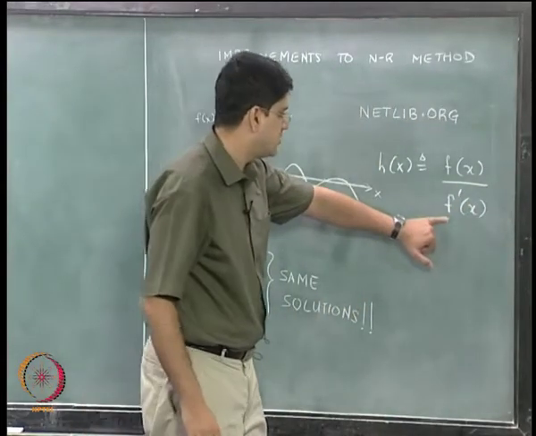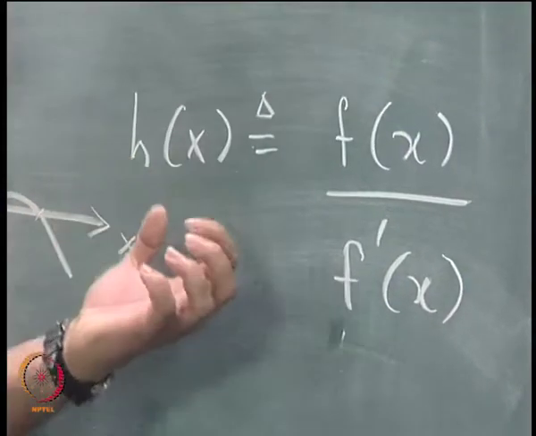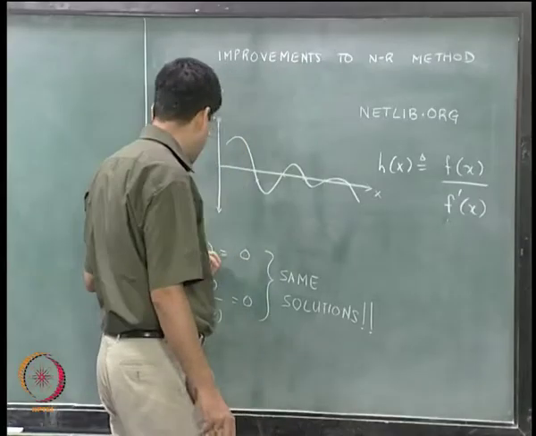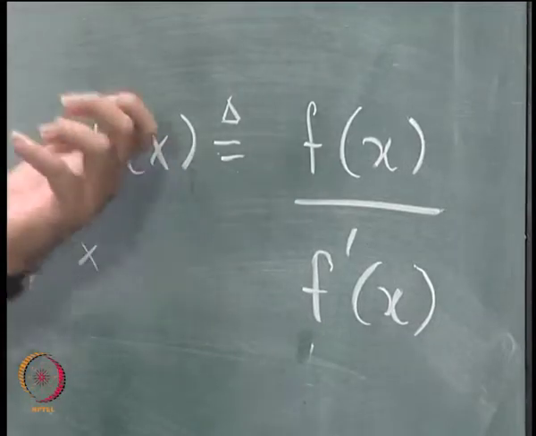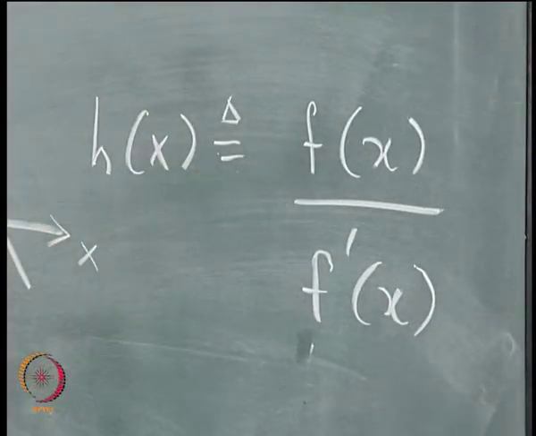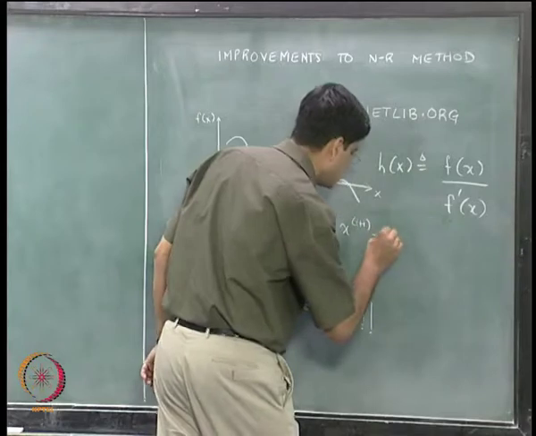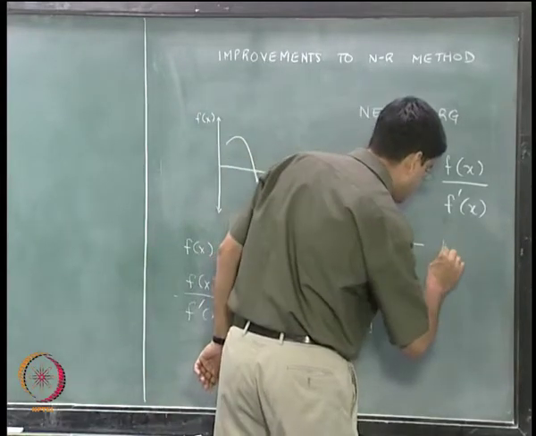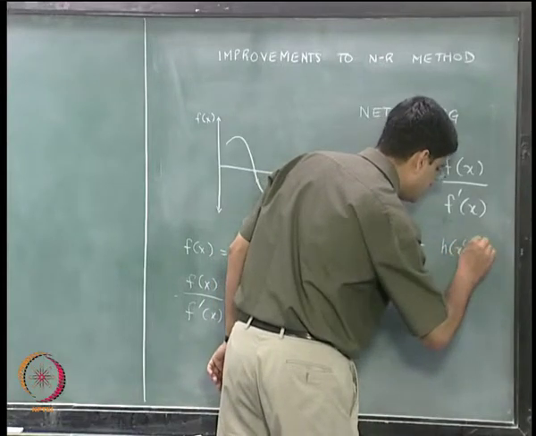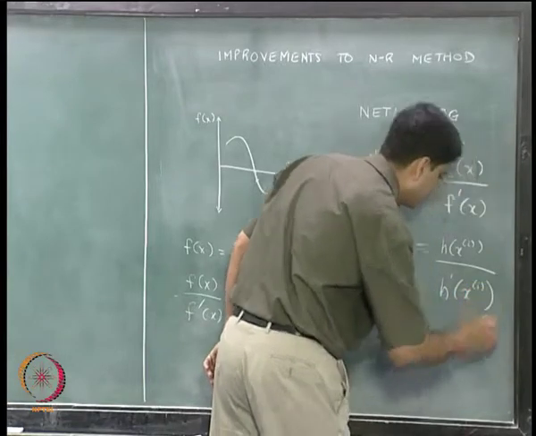Now the objective, instead of finding the solution of f of x, is changed to finding the solution of h of x, and that becomes our new problem. So x of i plus 1 is going to be equal to x of i minus h of x of i divided by h dash of x of i.